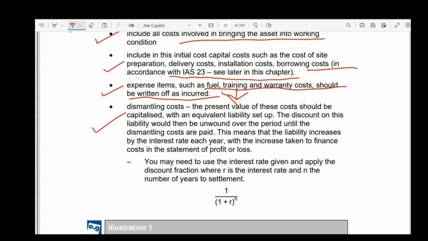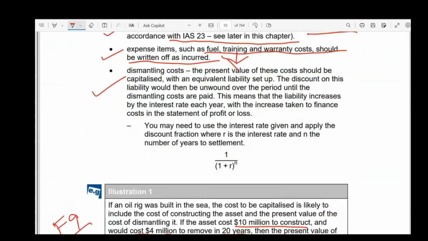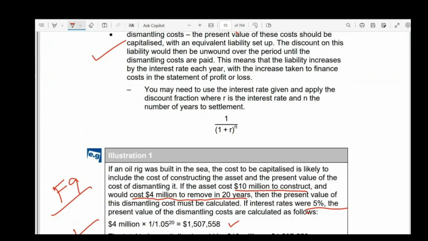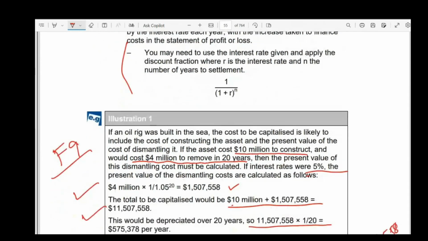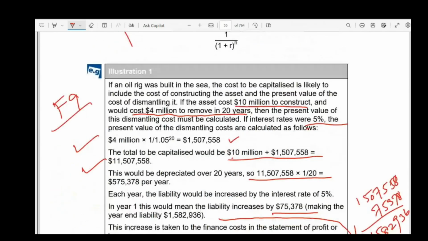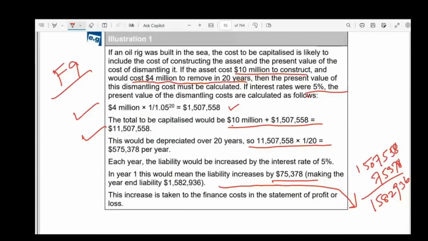We will discuss how to treat it here. For this you may need to use the interest rate formula. For the discount factor, if you are bearing any asset or finance cost, you apply this formula to calculate the value at present time. It will be clear in this illustration.